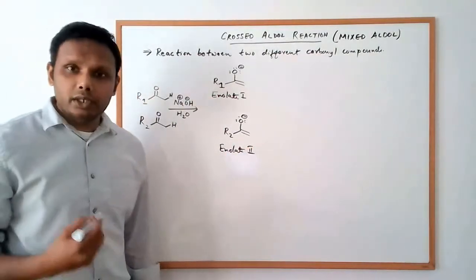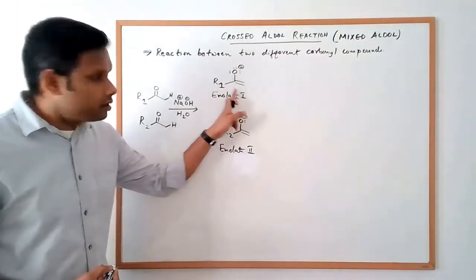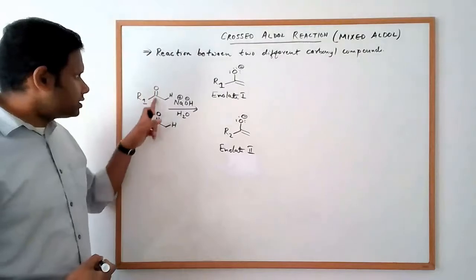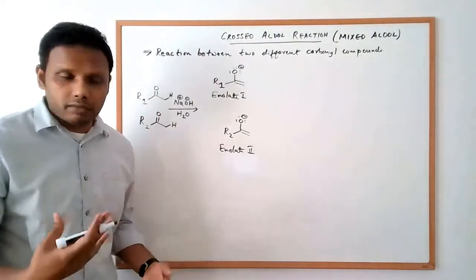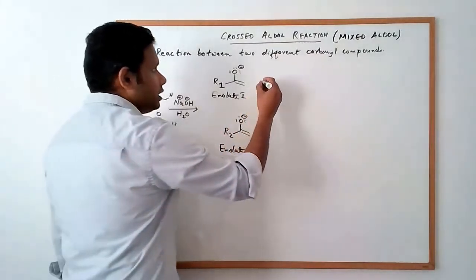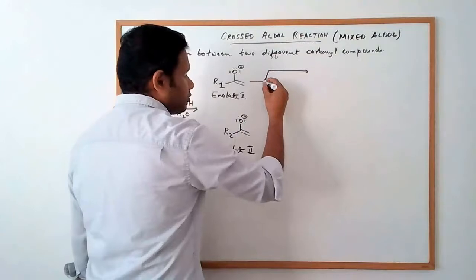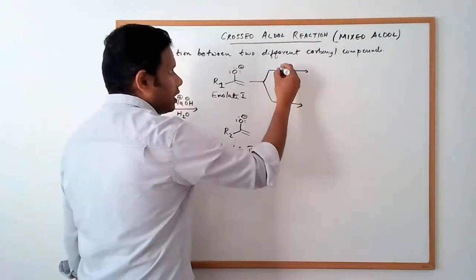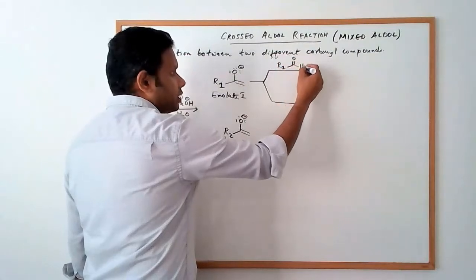Once these enolates are formed, they can react with both of these carbonyl compounds because they're not going to differentiate between them. So in principle, enolate 1 can react with the first carbonyl compound, and it can react with the second carbonyl compound.